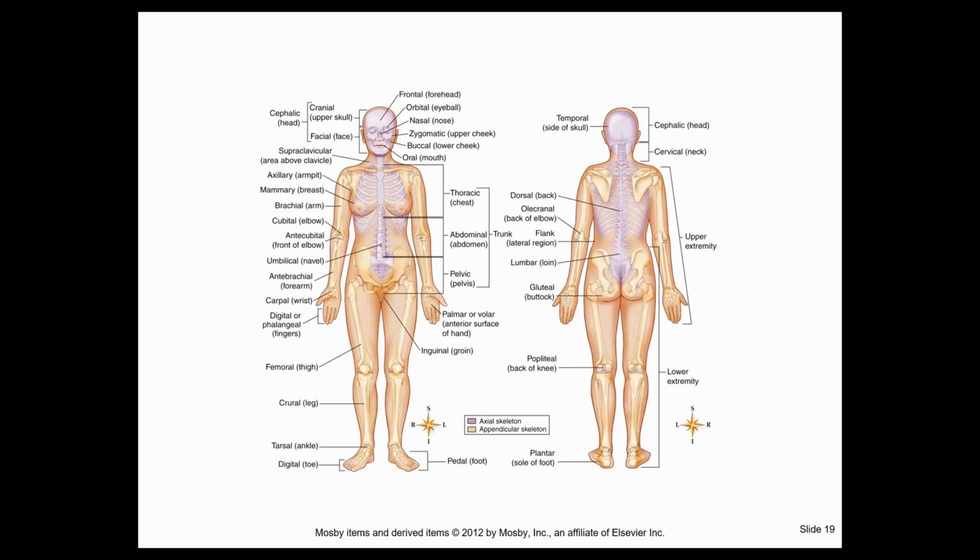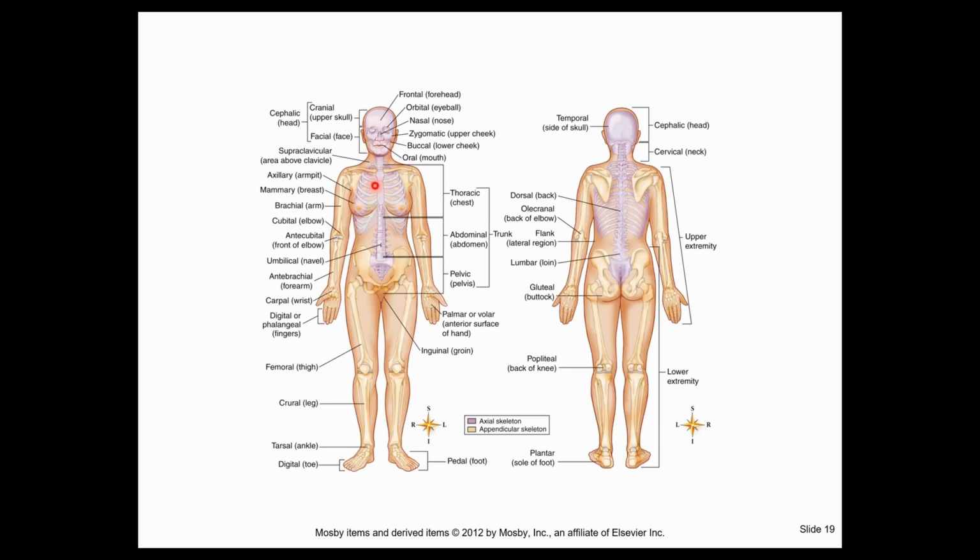Another way to divide the body is by two major regions, the axial and appendicular regions. So you have the axial skeleton, to which all the rest of the body is appended. You have 80 axial bones, 126 appendicular bones, and so they're here in different colors.